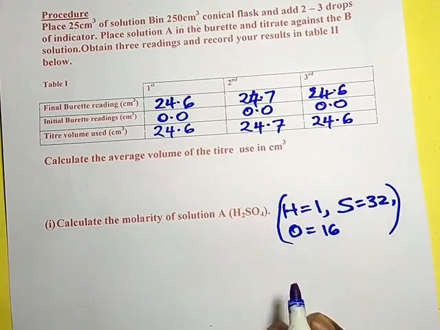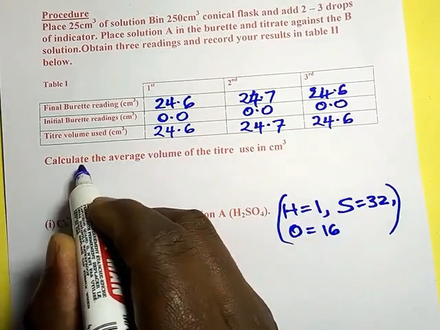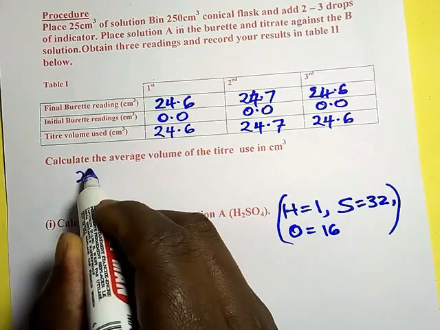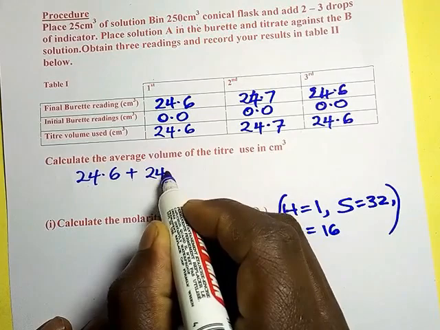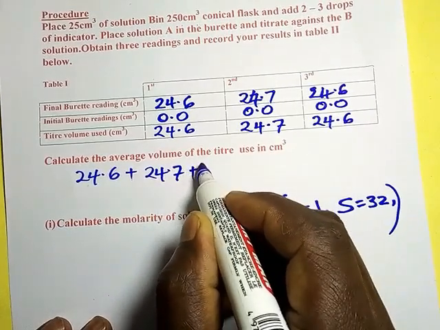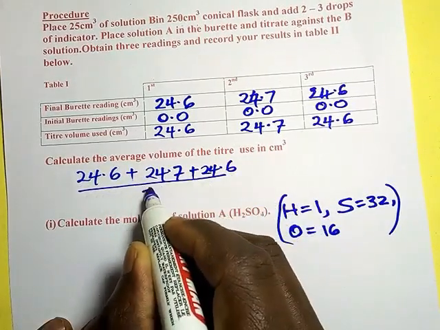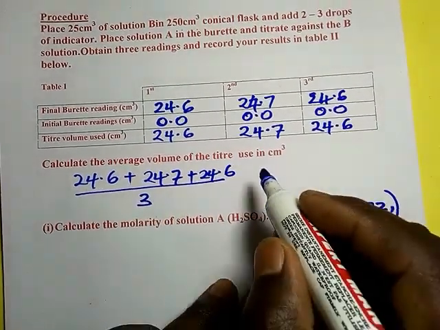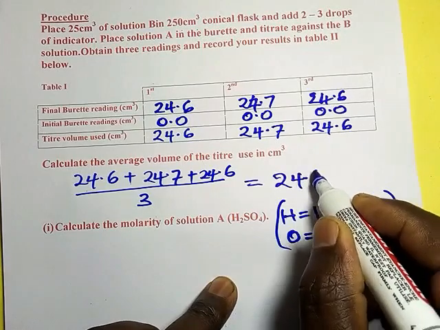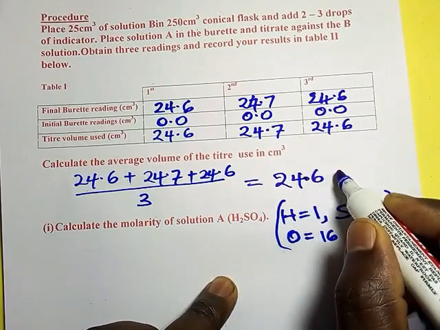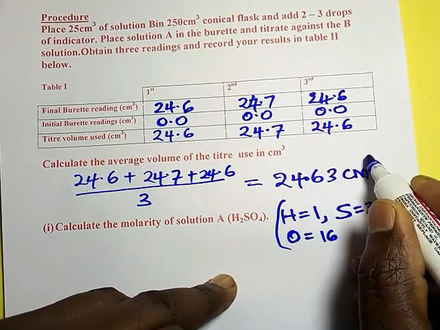Calculate the average. We have 24.6 plus 24.7 plus 24.6 divided by 3. This one gives you 24.63 centimeters cube.